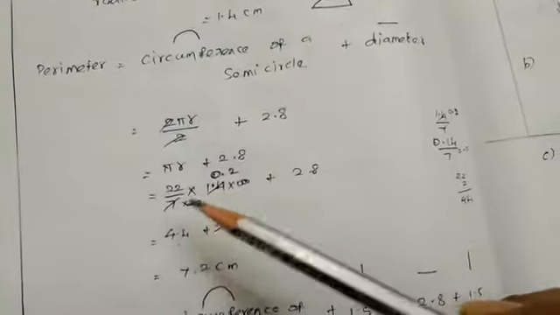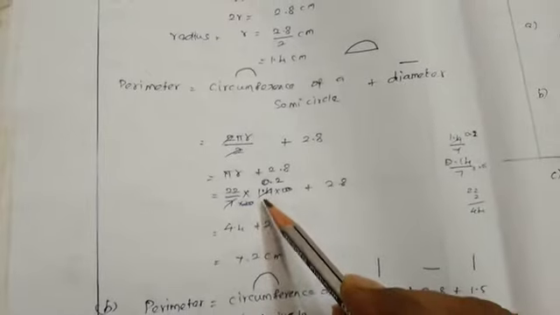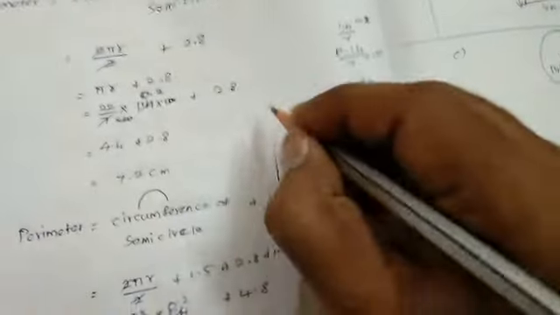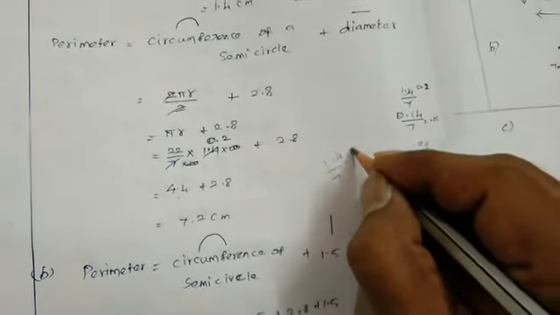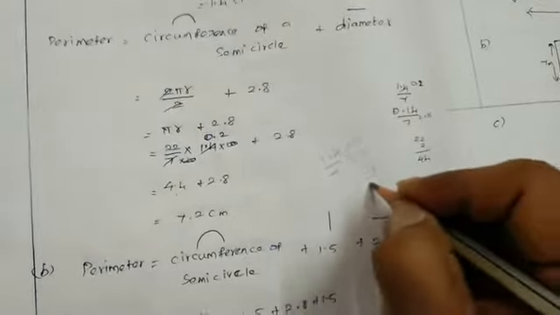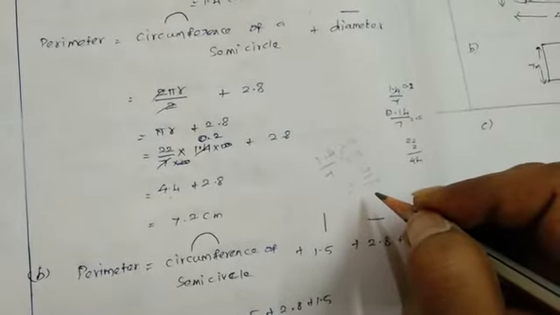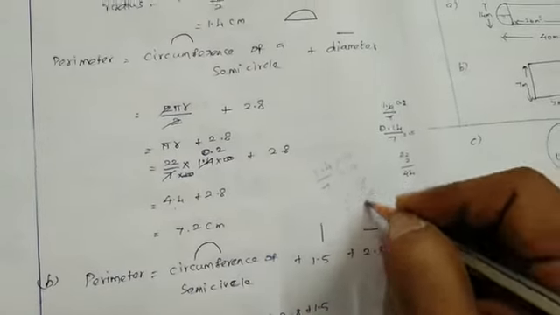Pi means 22 divided by 7, r value given 1.4. Substitute. So 1.4 divided by 7. How is it possible? Now multiply 10 in numerator and denominator. That is 14 divided by 70. How can we cancel by 7?